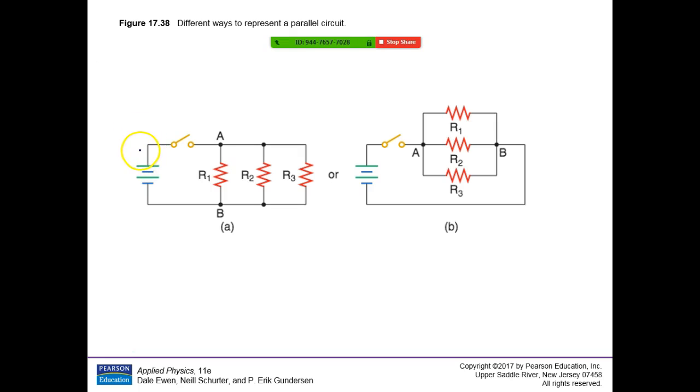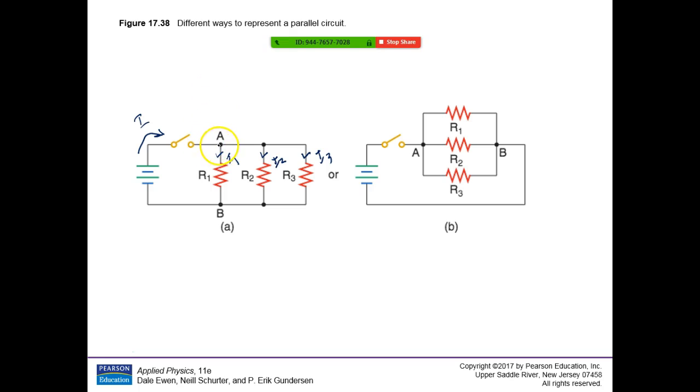But in this case, your current that leaves here, that's your I, some of it goes through this resistor. We'll call that I1, and that is different from the current that goes through this resistor. That's I2, and that's different from the current that goes through this resistor, which is I3. Here's why they have to be different.